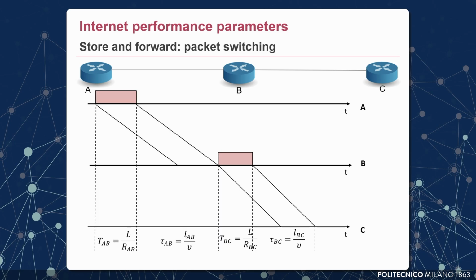What about the case where there are more equipment in the network? In this case, we have 3 routers, A, B, and C. For each of them, we define the transmission time in each of the routers.